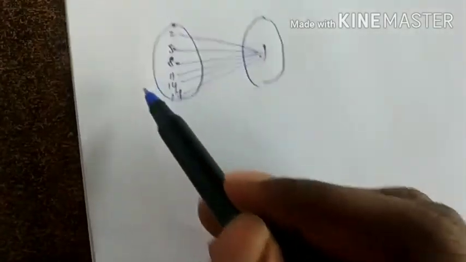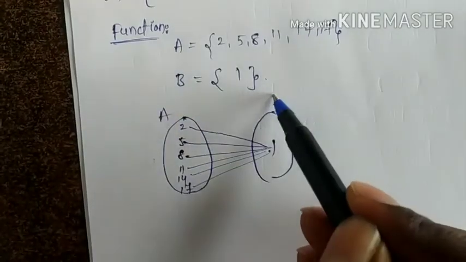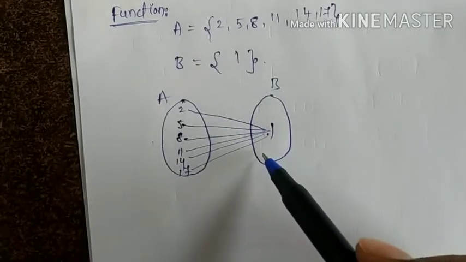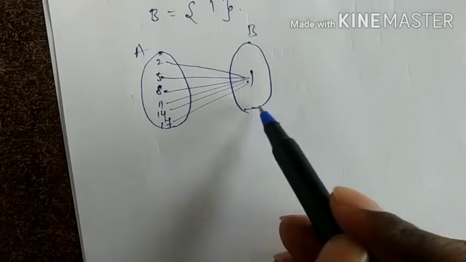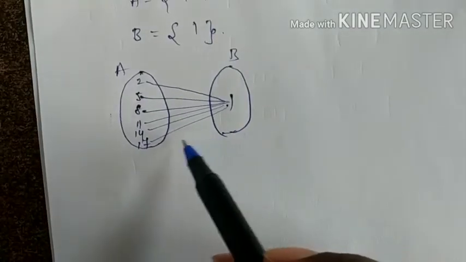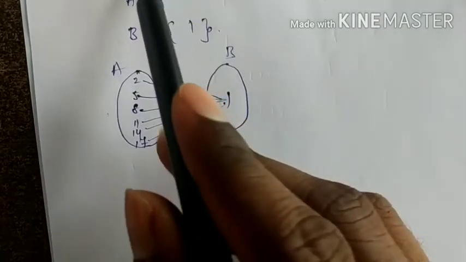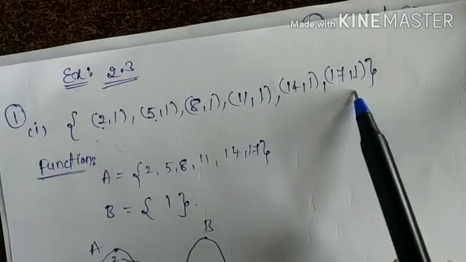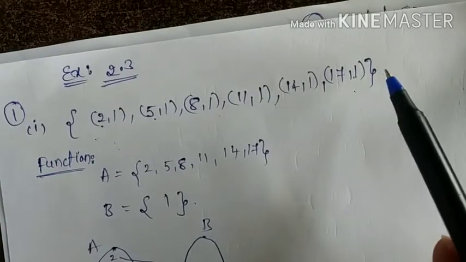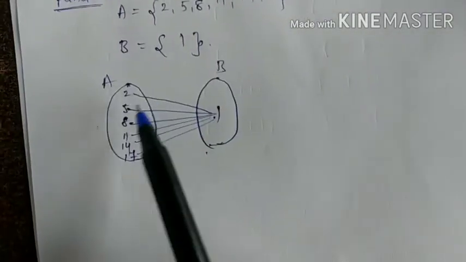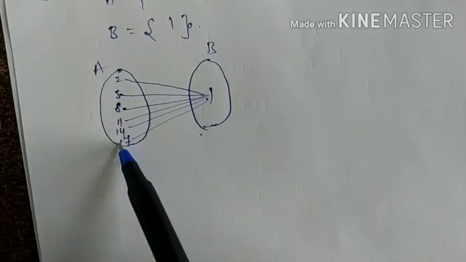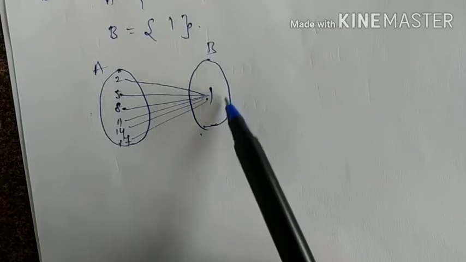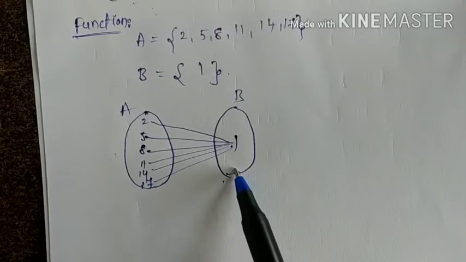So all the elements in set A have one image in set B, right? So that's why this is a function. Clear? In this way you have to identify whether the given relation is a function or not. The reason is, each element in set A has only one image in set B. That's why it is a function.